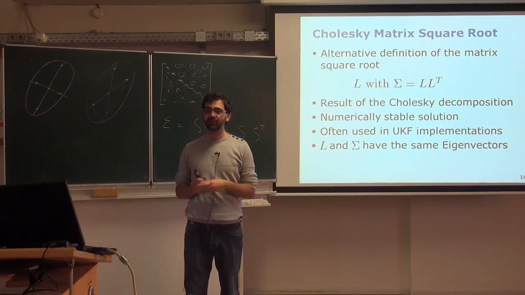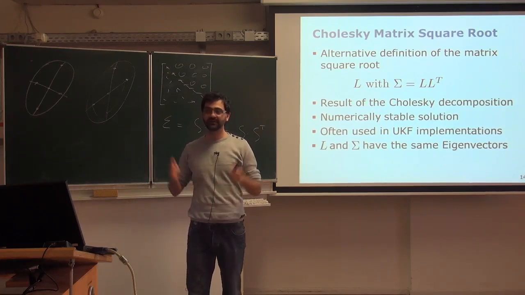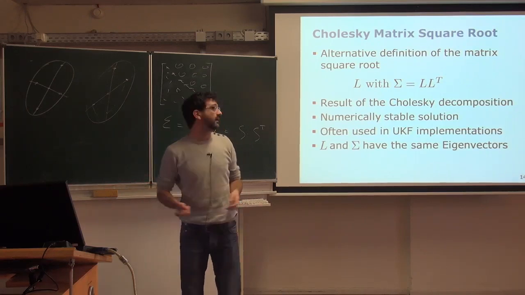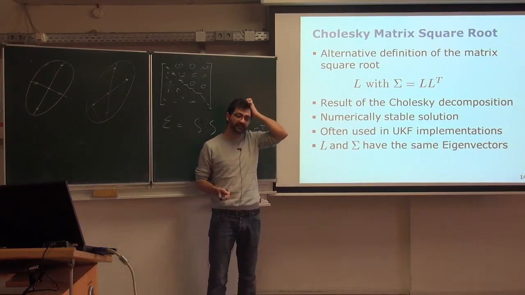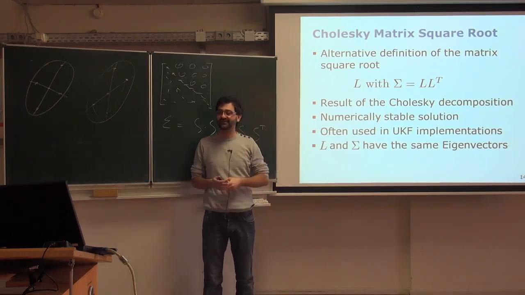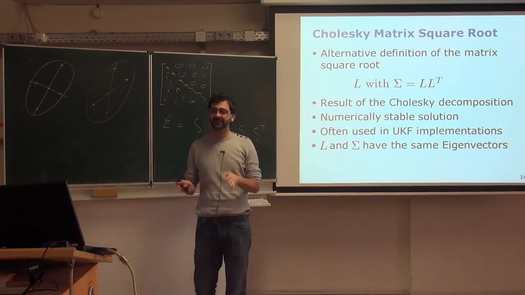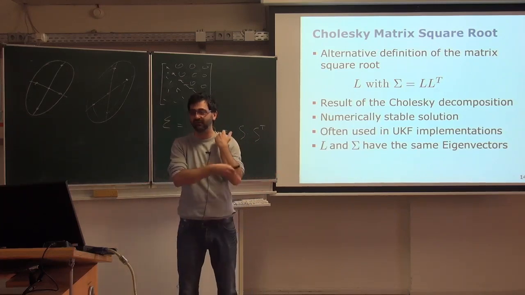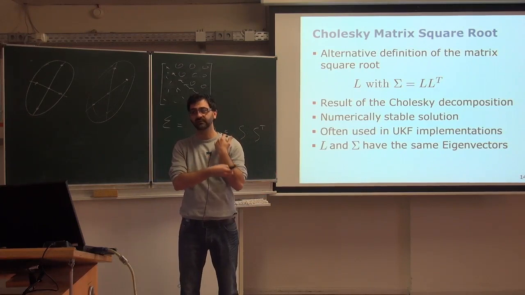So you can just call the function, eigen decomposition or Cholesky, and you will get your matrix quickly. So I'm not going to do any linear algebra tutorial right now, but you can Google Cholesky or eigenvalue or square root, and you will find examples there. Okay?